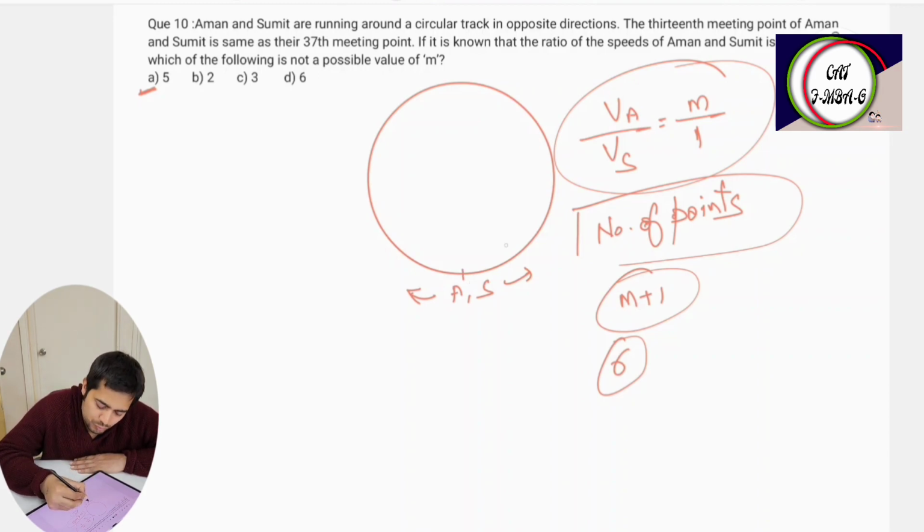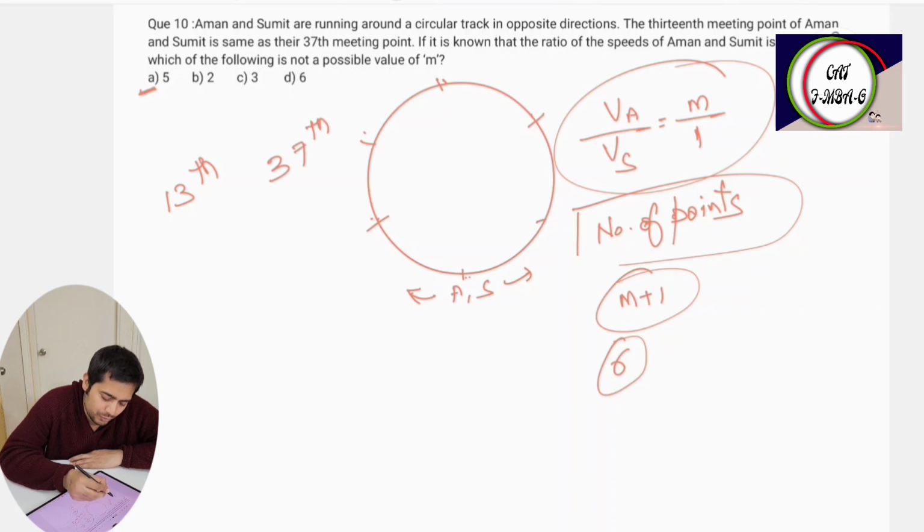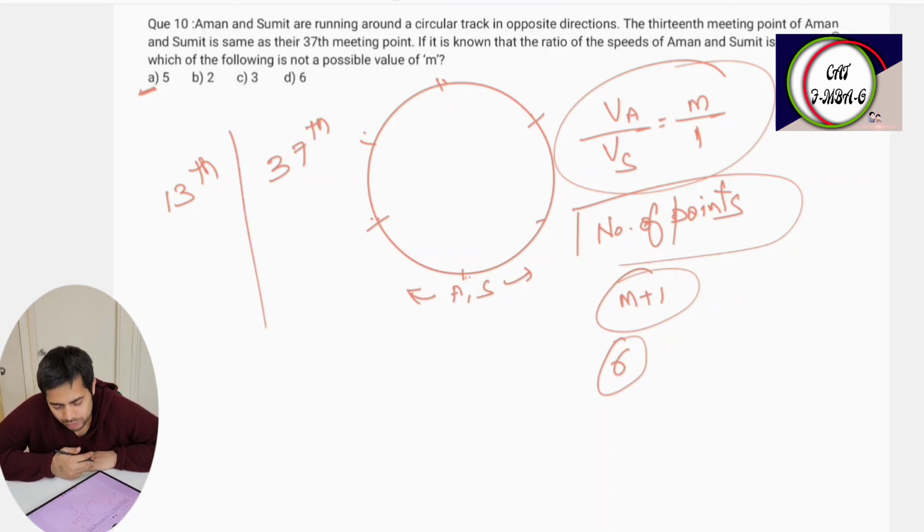So 1 2 3 4 5 6. Now the 13th point is the same as the 37th point. Here we have found that 6 different points are there.